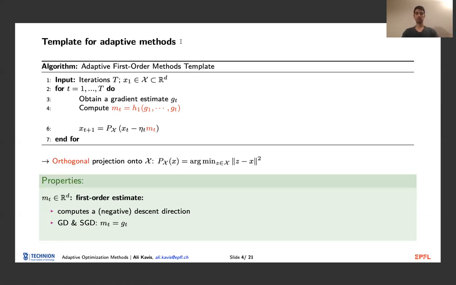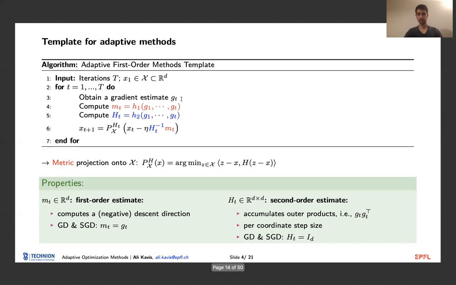And the second thing that we can do is, instead of having a scalar step size, which is predetermined, we can compute it dynamically in the following way. So this HT is again a function of the history of gradients. And we call this a second order estimate because we are taking the outer product and we are accumulating those outer products in a certain way.